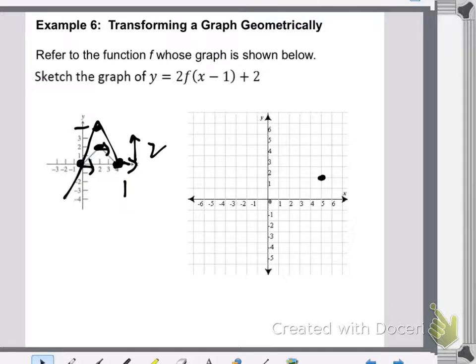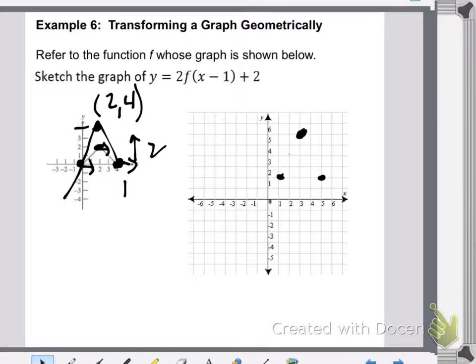Now this point, which was stretched, that point was at (2, 4) when it got stretched. Okay, so now it shifts right 1, up 2. The point at (0, 0), right 1, up 2.